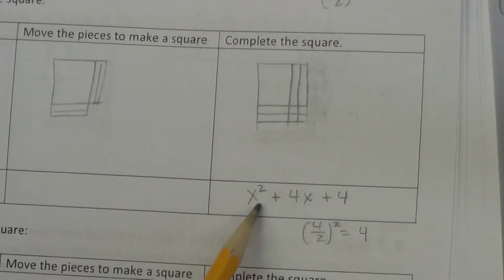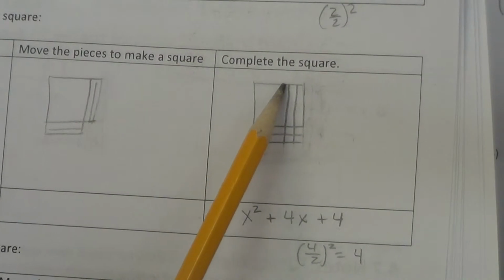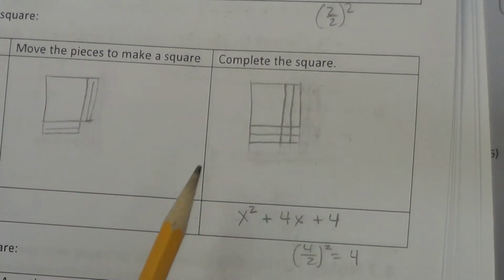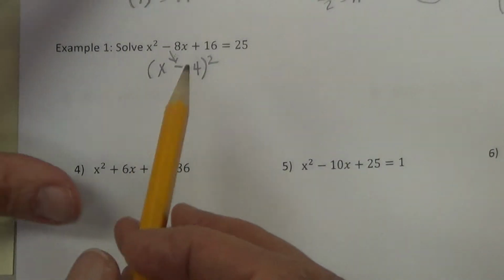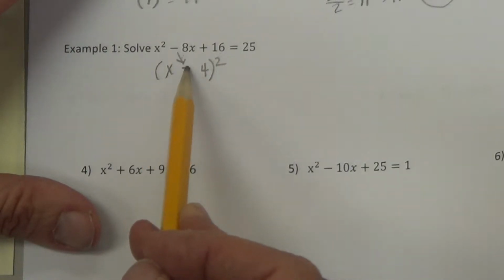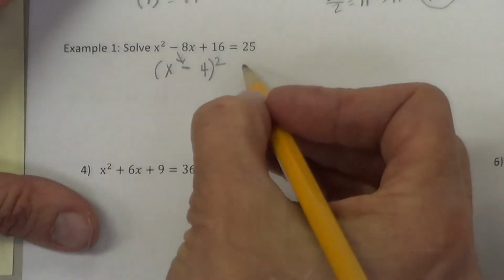This one being x squared plus 2x plus 1. If we go along the side, the length here is x plus 2 times x plus 2. So mathematically, all that you need to do is take the square root of this one, square root of this one, and the sign of the middle one, and then just show that it's squared, that it's a perfect square.